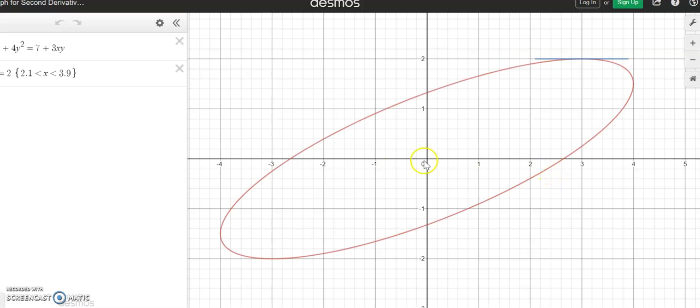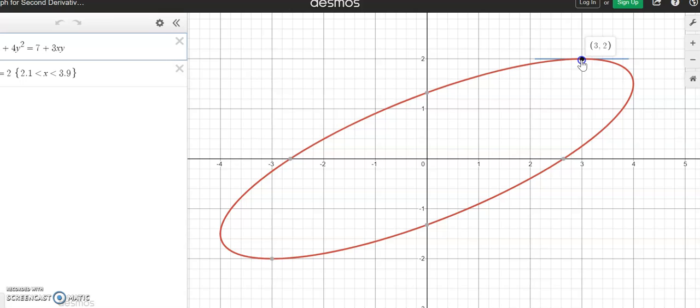I mean, all graphs are important for you to see. But this is our graph that we have going on. And so this tangent right here, okay, we came up with the point 3, 1/4, right? That was a y value at 3. Wasn't critical though. This was the critical one, right?